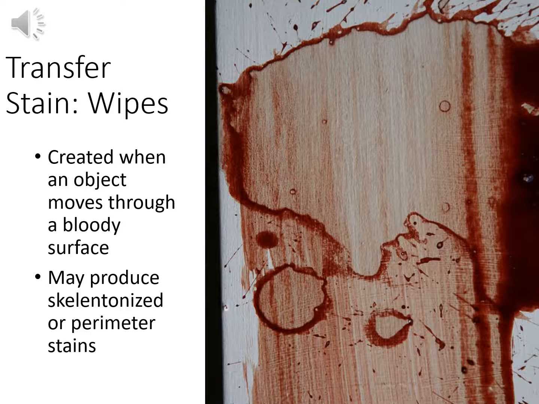If the blood has started to dry and then it's wiped again, you'll get what's known as either skeletonized or perimeter stains, where there's the original dried stain as we see here, and then a wipe through it that doesn't quite destroy that original stain. The perimeter stain or the skeletonized stain is the original stain plus the wipe through stain that we can see here.